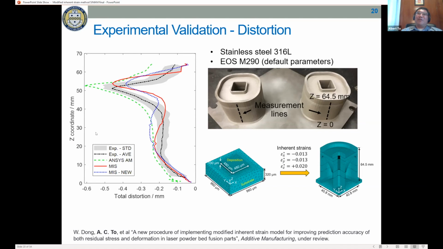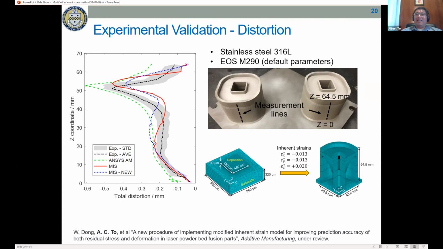In the experiment, the gray area is the standard deviation. The black dashed line is the average from the two experiments on the 4 center lines that we are measuring the distortion on for each of the parts. So that's an average over 8 center lines for the 2 parts that we have printed. We compare that, and our displacement now is actually a little bit underestimated.